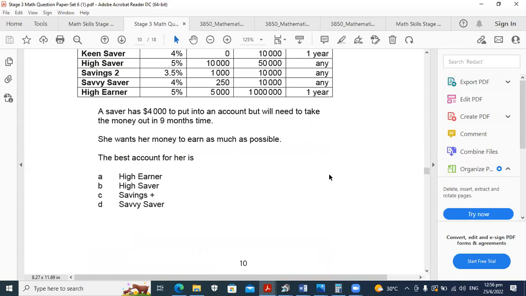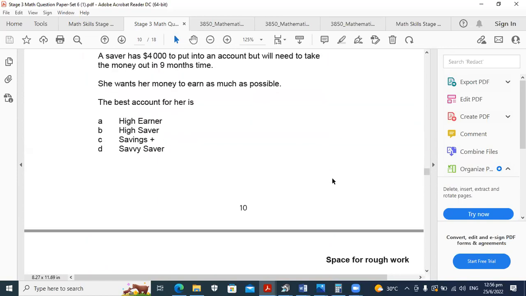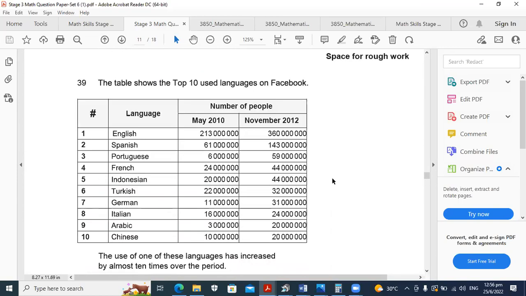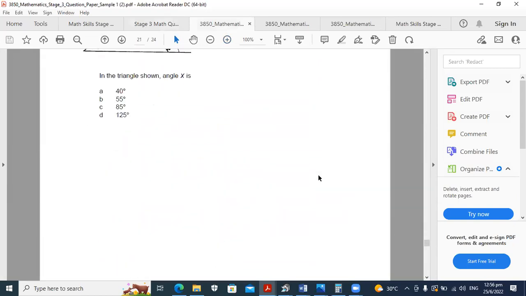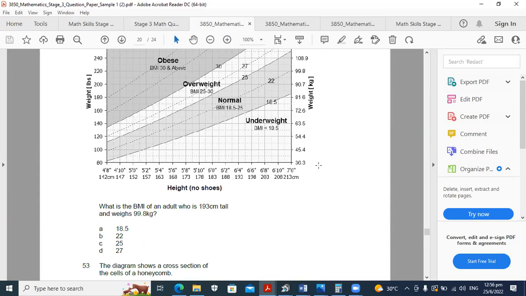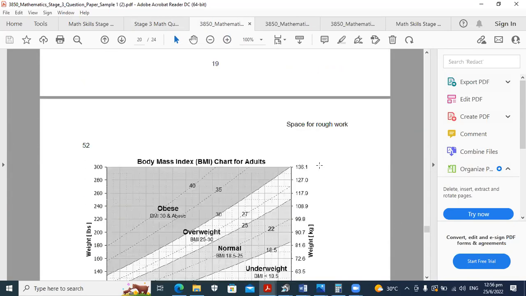They're very similar. All right. There's this question I was doing the other day. Let me see. Oh, here's another one, BMI.